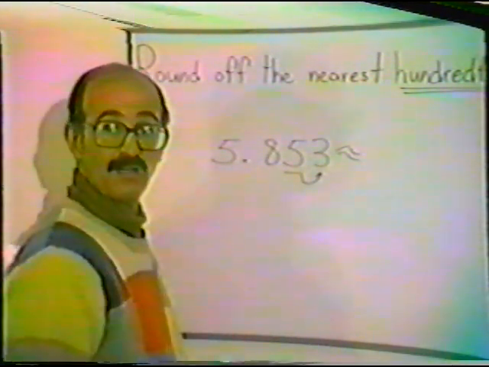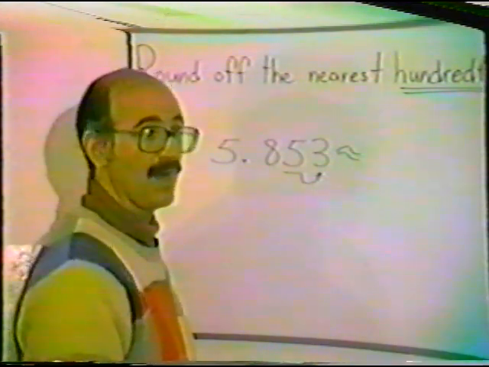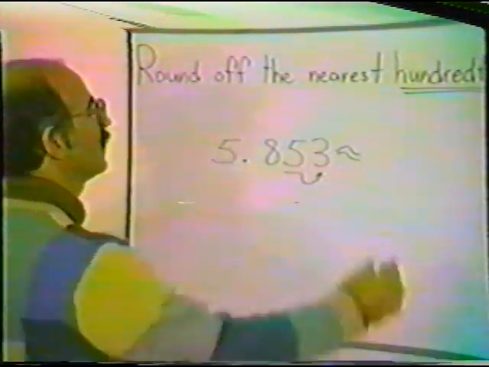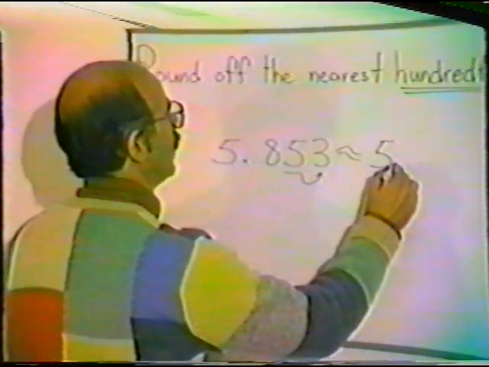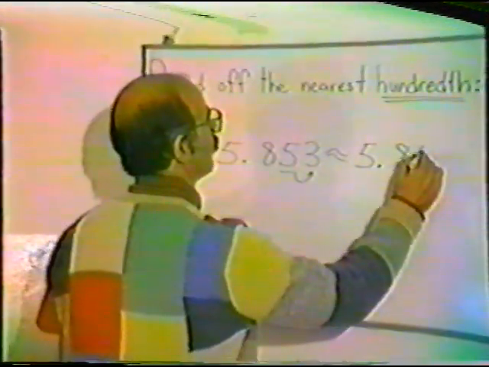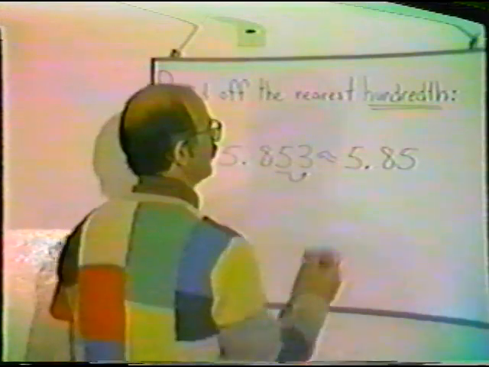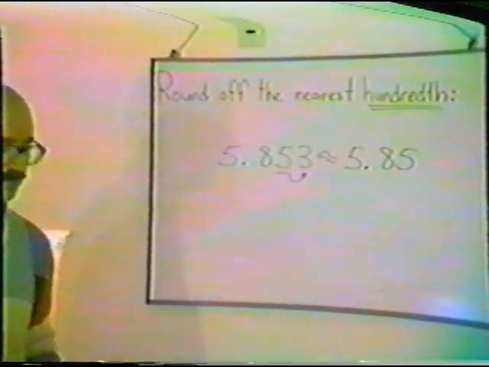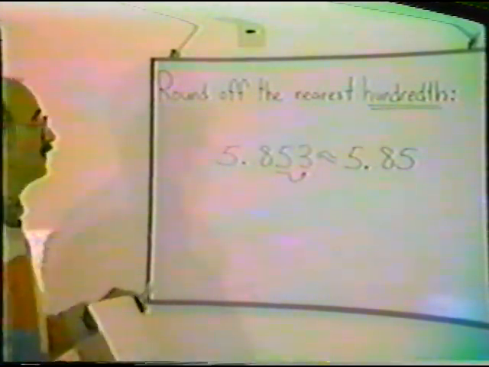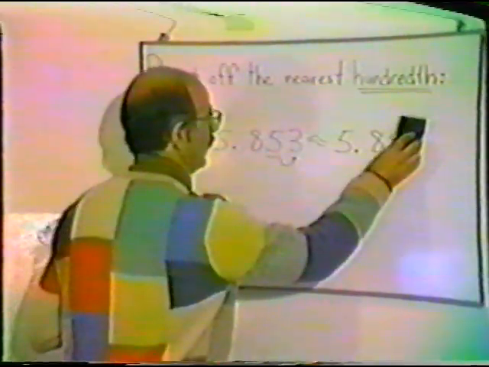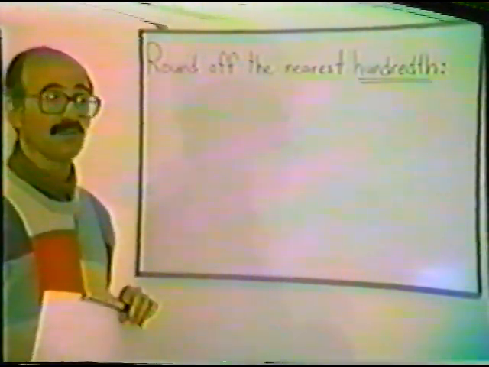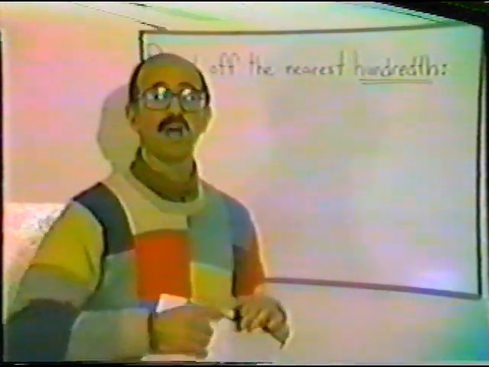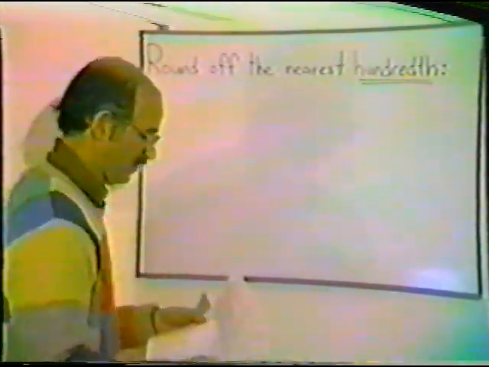The 3 tells us that the 5 does what? Stays the same. And we write 5.85. Please read the answer. 85 hundredths. Yes. 5.85 rounded off to the hundredths place.